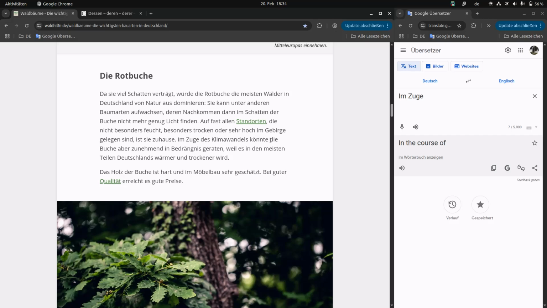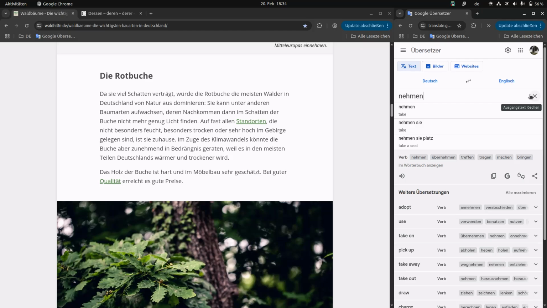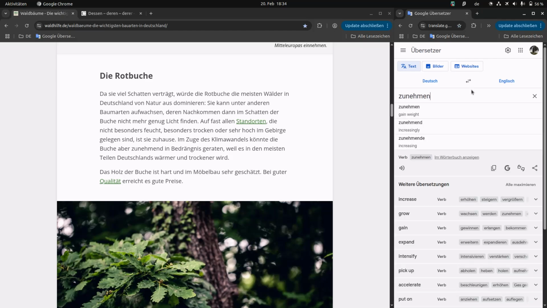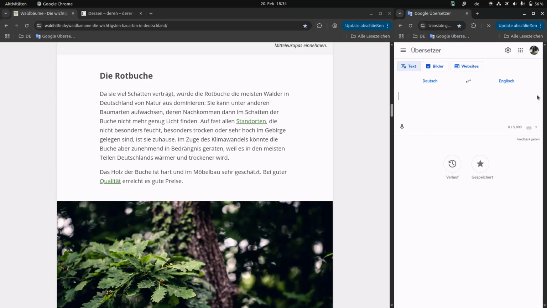Könnte, could, die Buche, the beech, aber, but, zunehmend, nehmen, take, zunehmen can either mean to gain weight or to increase in general. In German you would kind of say to increase, when we say like ich habe zugenommen, for example.